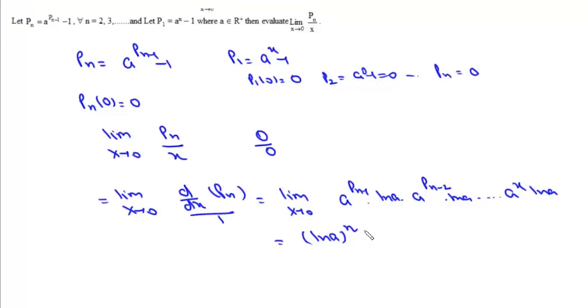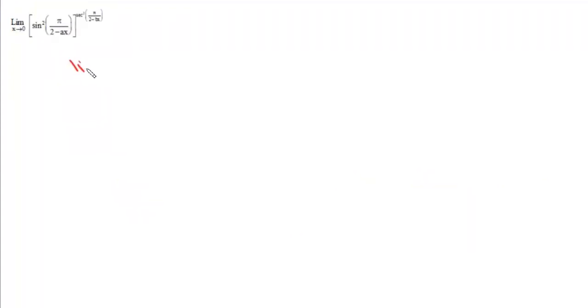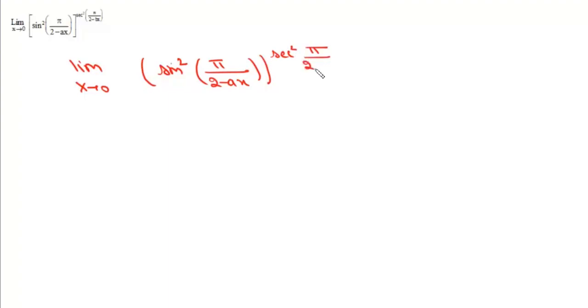Now here the question is, we need to solve this limit, x tends to 0, sine square (pi upon 2 minus ax) into secant square (pi upon 2 minus bx). Now first we'll check its form.